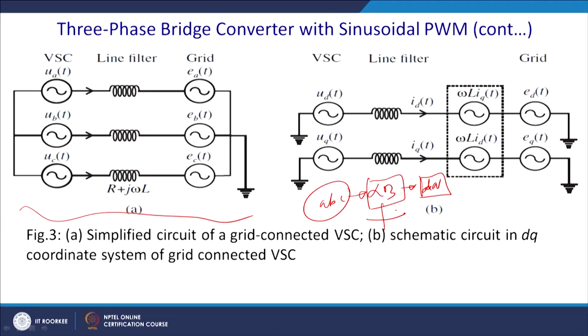This is the advantage of it, and it is by the Clarke transformation, and ultimately you get the DQ. So, this is the 3 phase model, and these parameters essentially become DC here, and these are your ED and EQ.